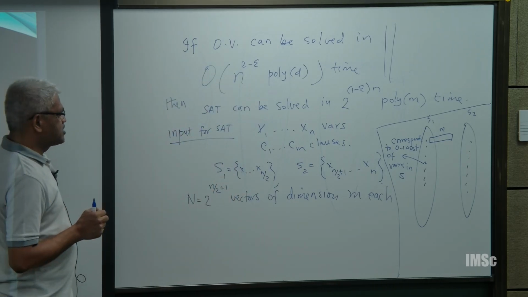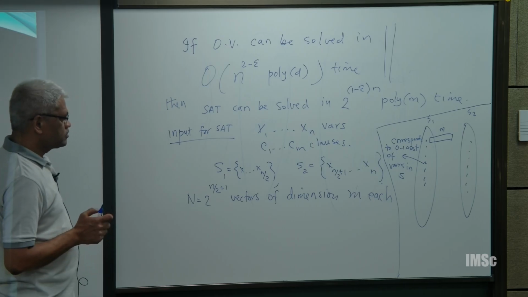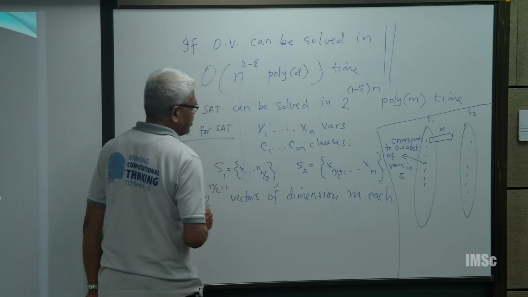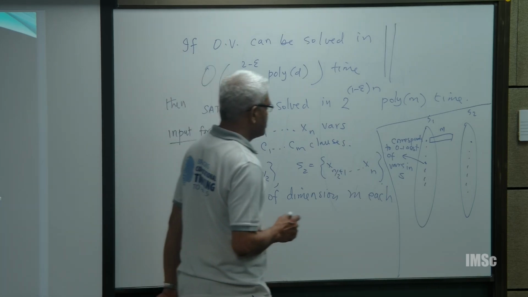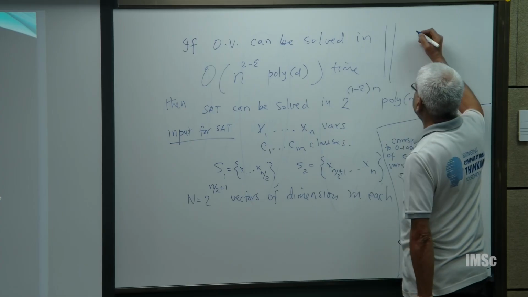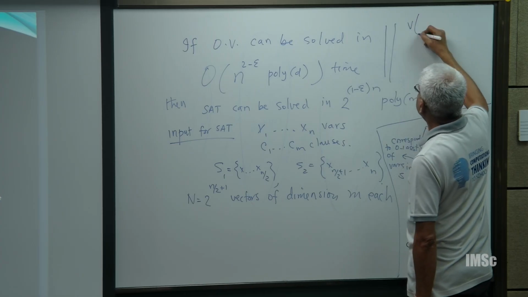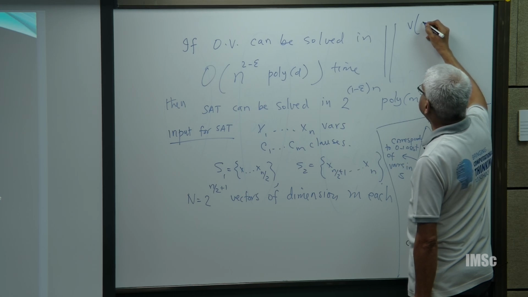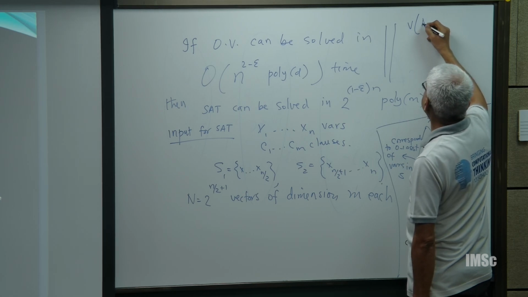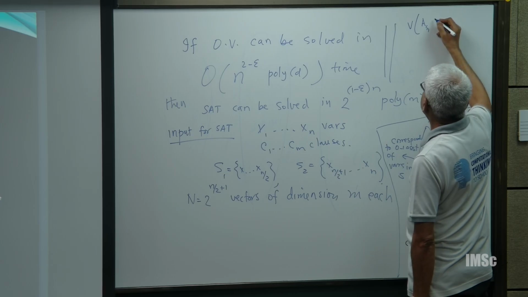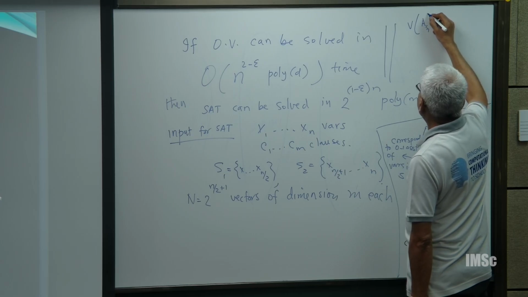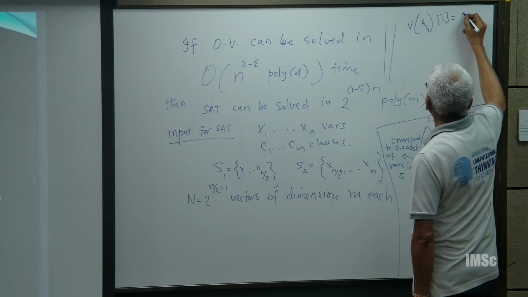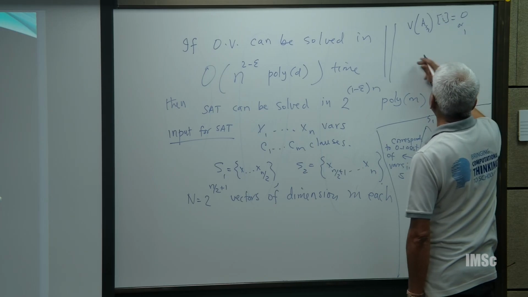And what is this m dimensional vector? It is a 0 1 vector. I do not want to bring in too much notation here. So, let us say the vector corresponding to some assignment of S1: the ith entry is 0 or 1. When is it 0?